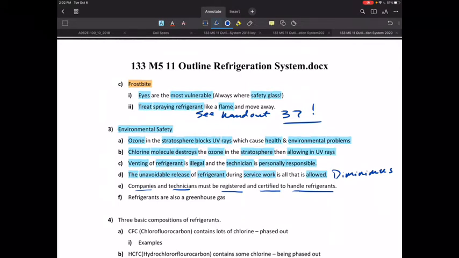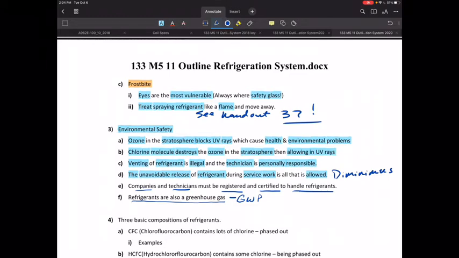So the next thing I want to hit on is refrigerants, which are what they call a greenhouse gas. Now, what does that mean? Well, to some extent, every refrigerant has what I'm going to call a GWP, and it's a different type of rating system than ozone depletion.